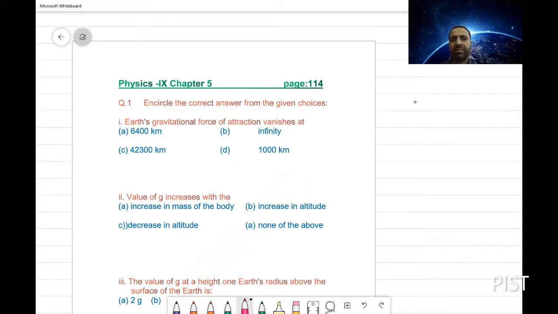Last time we finished chapter number 5. An exercise was remaining, so this time I intend to focus on the exercise also. So let us move to the exercise. Before the start of the exercise, you must all have your book open at page 114.